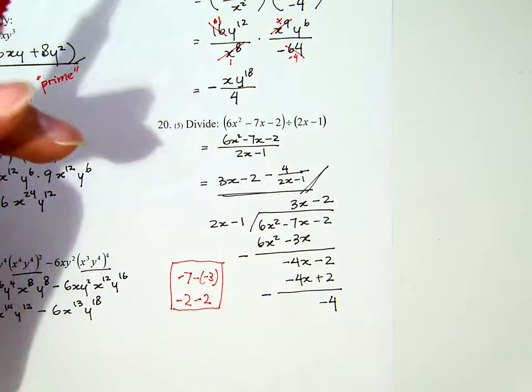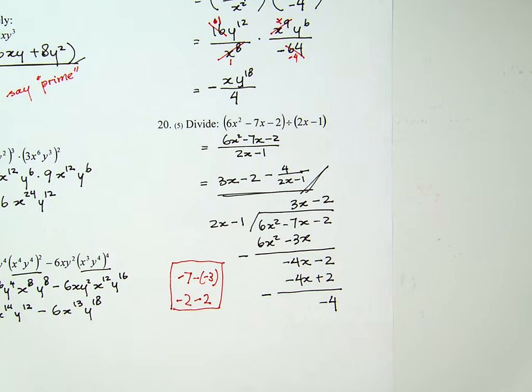In fact, if you came from my pre-algebra class, I warn you not to do pancake with negative numbers. Piling up negative coefficients, especially when you need to subtract, is not something that comes to us naturally. Okay, so this is for number 20.